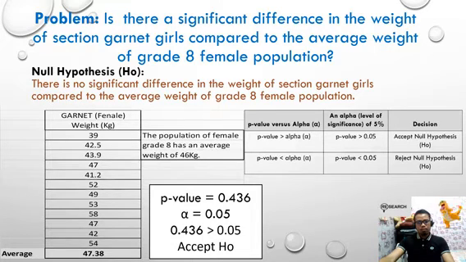So we agree that even if the Garnet female weighs 47.38 compared to the 46 kilograms of the overall average population of the grade 8 learners, the result is not significant. Meaning, we support the null hypothesis that there is no significant difference in the weight of section Garnet girls compared to the average weight of grade 8 female population.